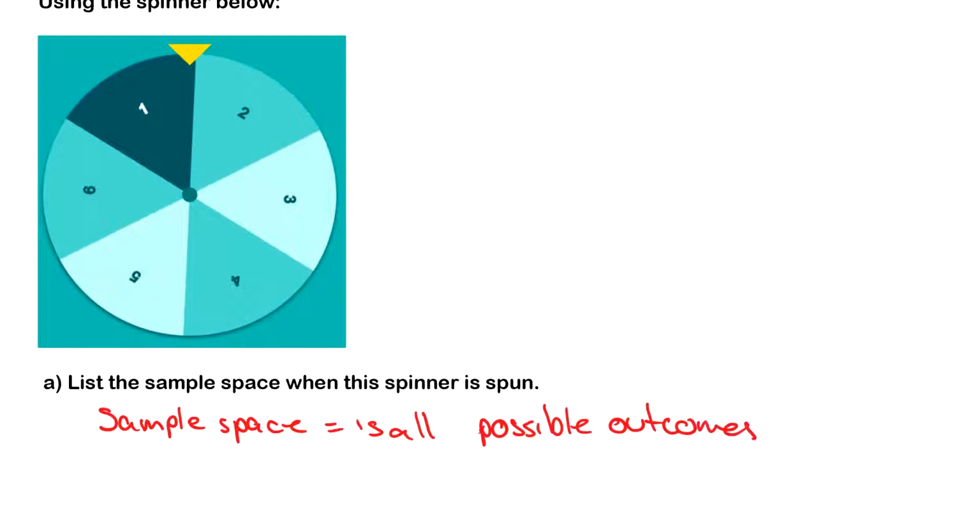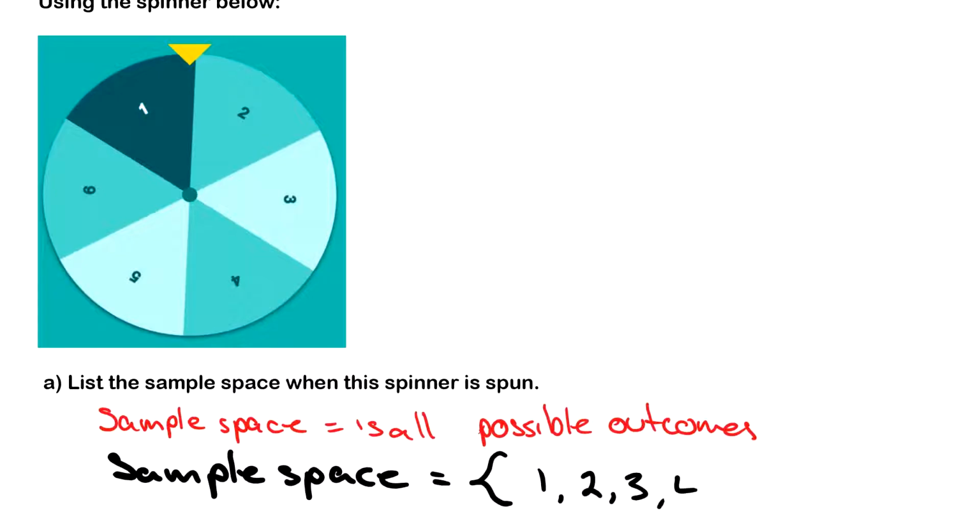So for our spinner, our sample space, let me change color. We tend to use these curved brackets, is 1, 2, 3, 4, 5, 6. These are all events that can occur when I spin the spinner.